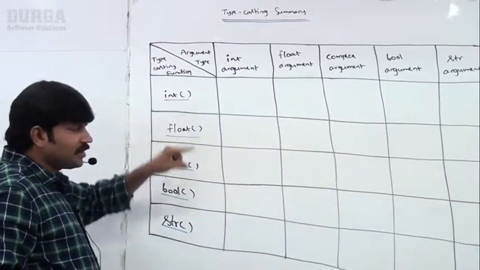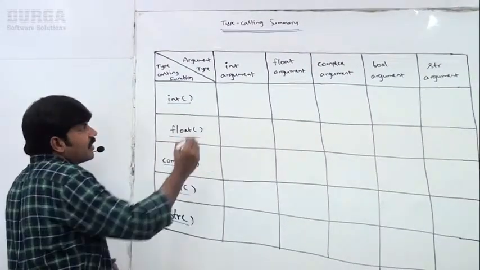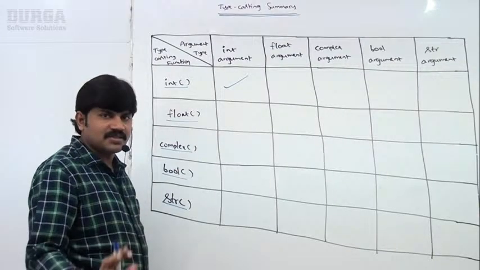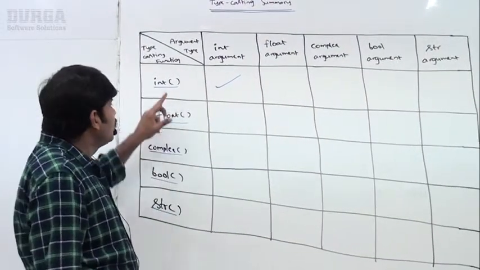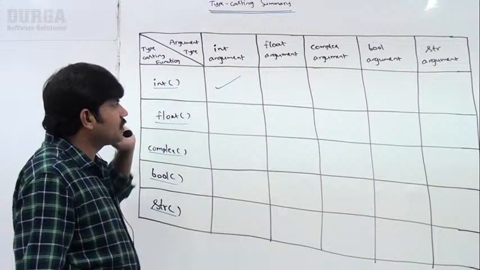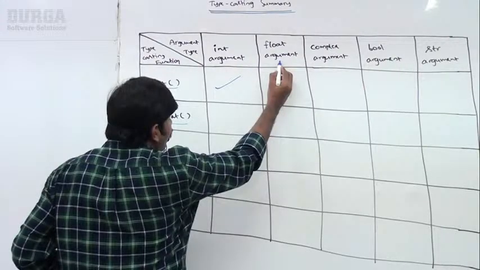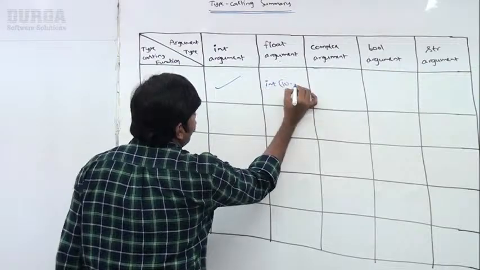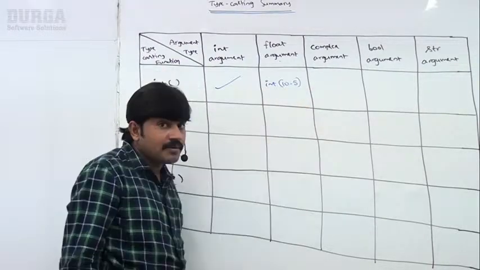So the int function for an int argument, no problem, sir. Int to int, typecasting is really not required. Anyway, for the table's sake I took it, it is possible. Note, if you are passing a float argument to the int function, something like int of 10.5, what will happen? It's very clear.